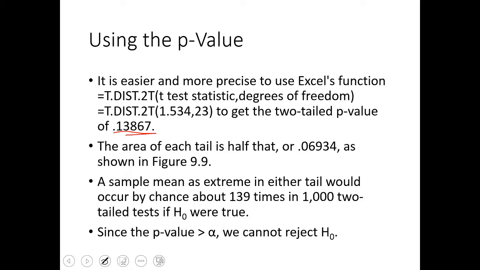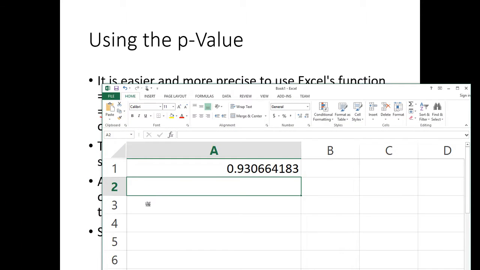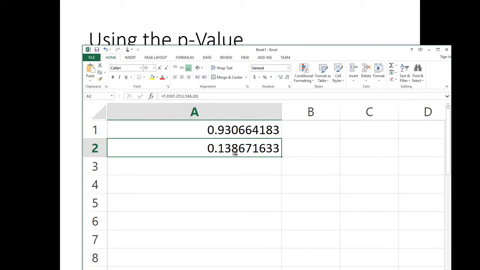So we have this number. If we do like this, simply we can use the t distribution two-tailed test function, and our x value is 1.534 and degrees of freedom is 23. So we have this number. So that is the p-value.